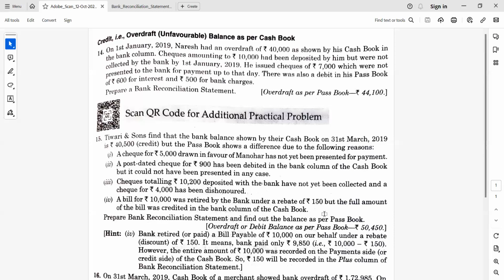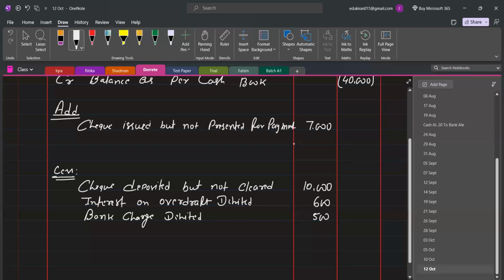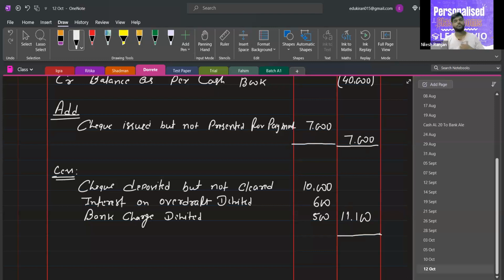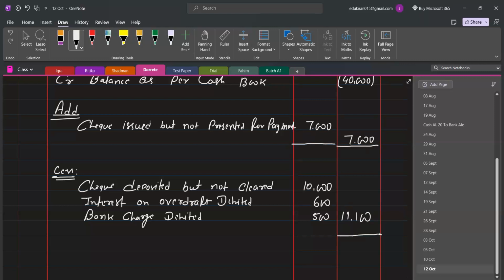Okay. So the first item, this 7,000 will be written because there is only one amount. So the same amount will be written, 7,000. And the total of these three is 11,100.